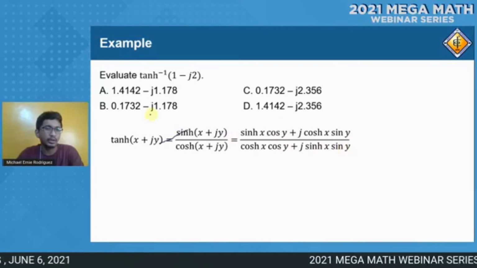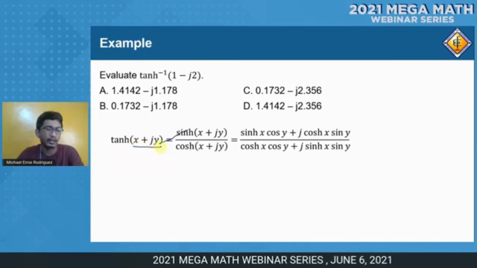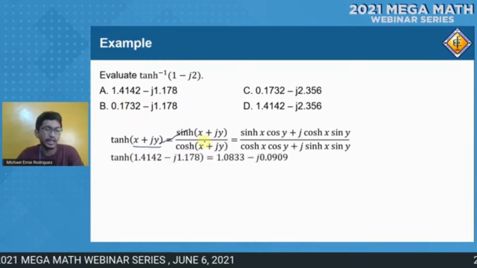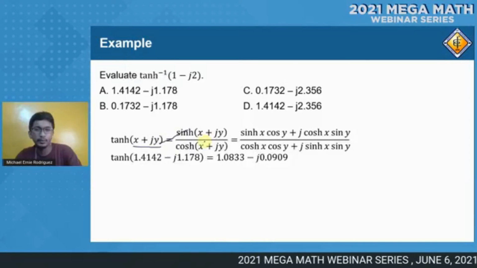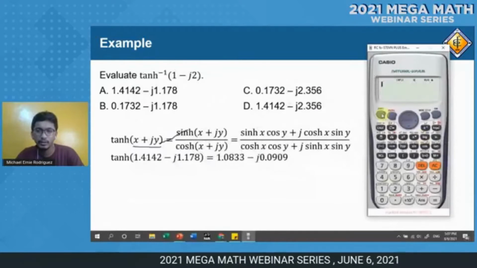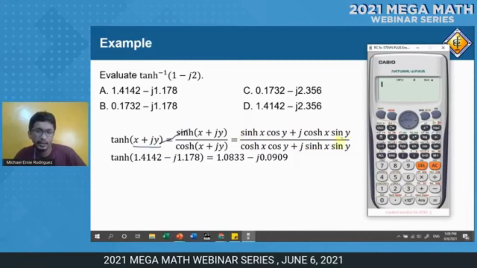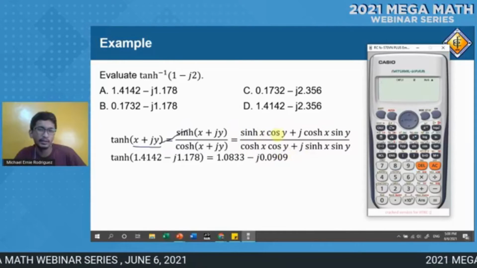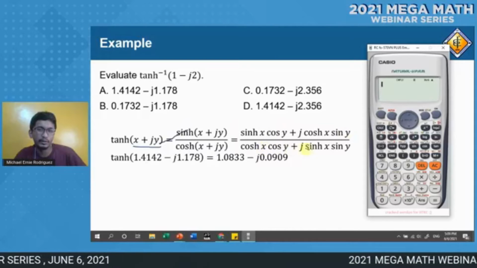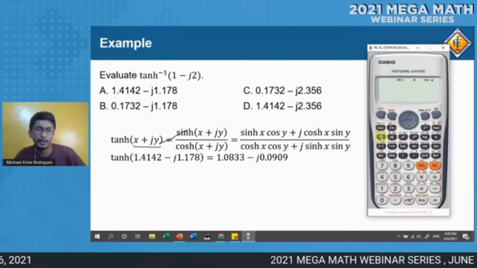Ang gagawin natin, yung choices ilalagay dito. So, letter A, 1.4142 minus j 1.178. Pag input sa calculator, gawin natin itong definition. Kita mo na mas matrabaho ito. Mahaba-habang input, di ba?